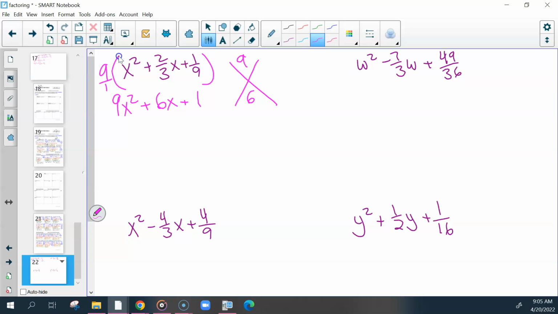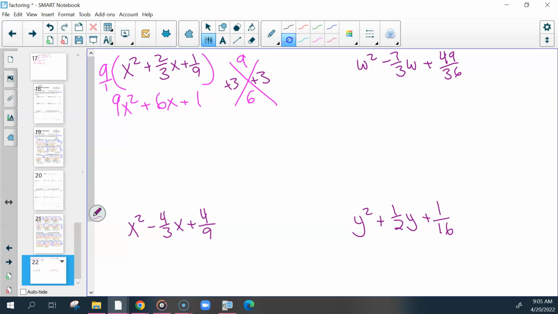Yes. No, we're not going to multiply it by the reciprocal. We're only going to multiply by the denominator of whatever this is. Because for this one, and you'll see this in a second, I'm not going to multiply everything by 36 over 49. That would make it way too complex. Because it's 3, yes.